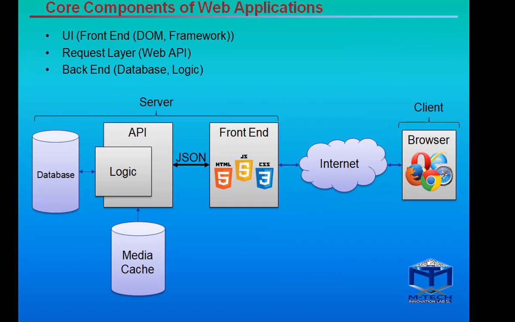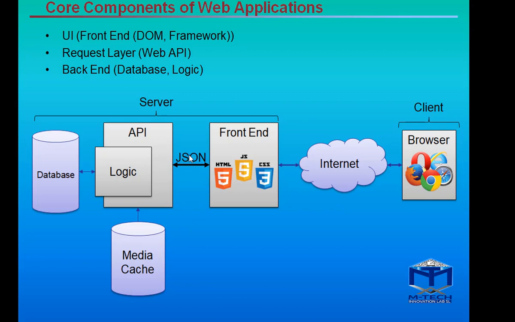Core components of a web application. One, the UI, the front end, DOM frameworks, request layer with the web API, backend, database logic. Now, if you look at the diagram here, you see the database, and we have the server, API, logic, and media cache.